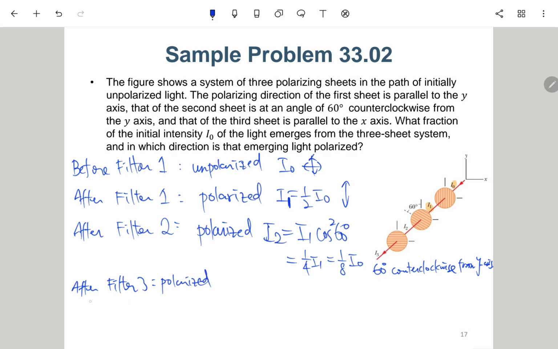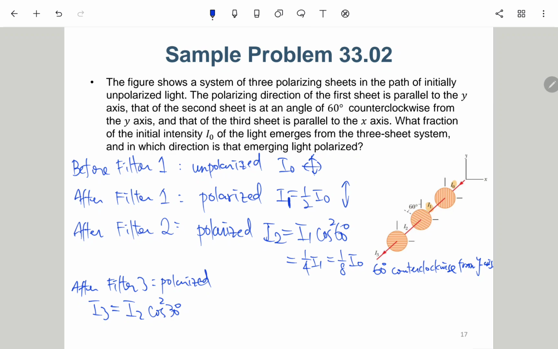I3 will be I2 times cosine of what angle? This filter is horizontal, and the light is at 60 degrees to the y-axis, so it is 30 degrees from the x-axis. So it is cosine 30 degrees squared.